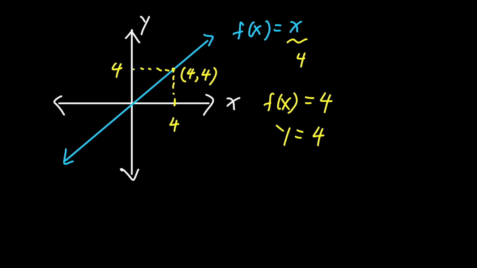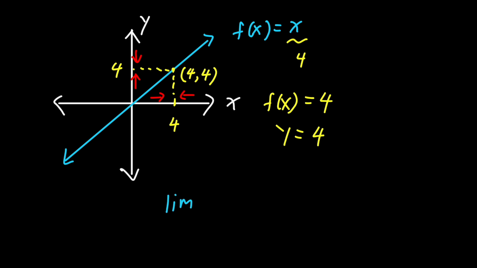But let's see this by applying the limit. If I approach this 4 on the x-axis from the left-hand side or the right-hand side, what will be the y value? The answer is it approaches 4. So the limit is, as x approaches 4, the function approaches 4.